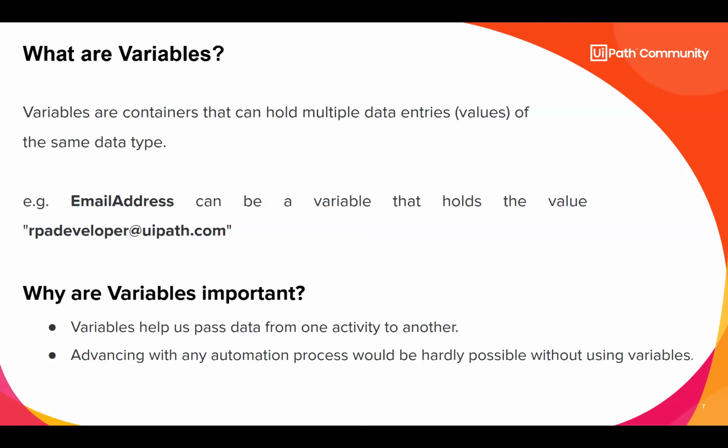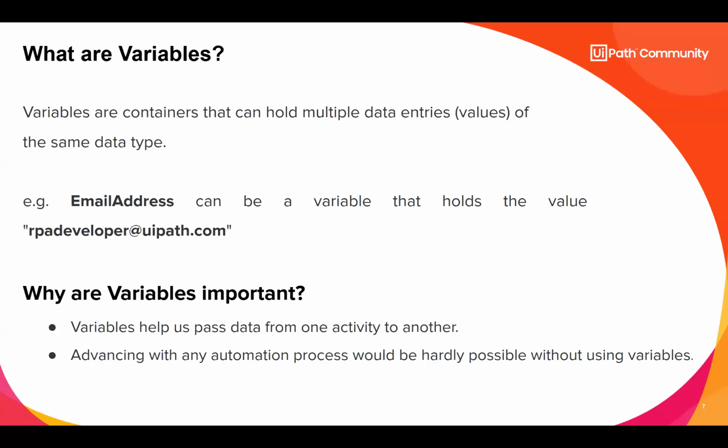So variables can hold multiple data entries of the same data type. An example of a variable that we can see on the screen is an email address, that can actually store your personal email address.